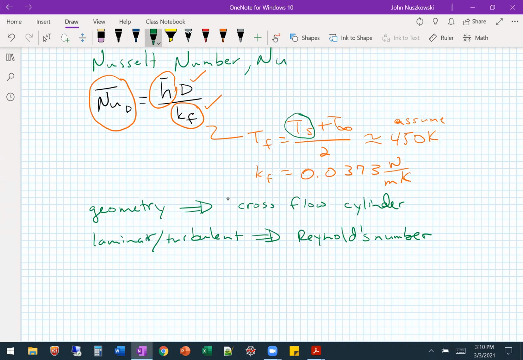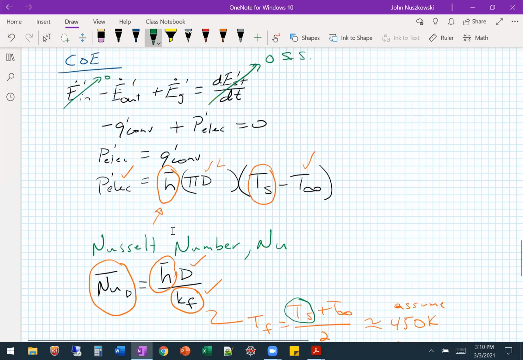But one of the things that decides what equation to use, the last one, I'm not sure if anyone got it, is local versus average, right? And we want the average because we have the bar over our convection coefficient. We're looking for overall over the cylinder.